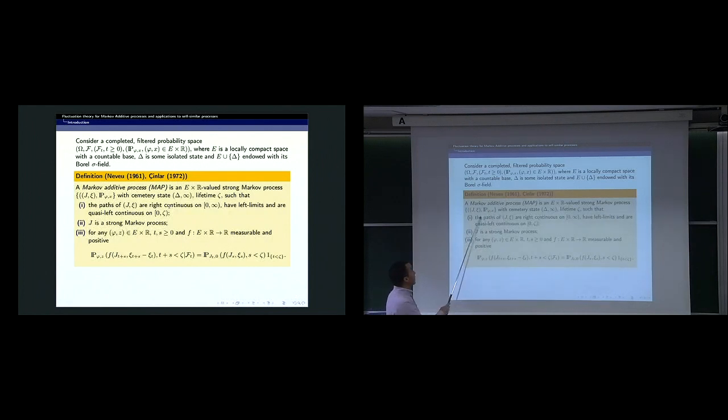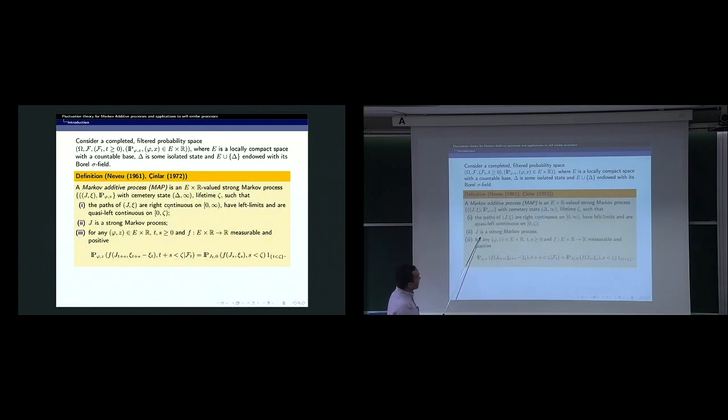I will assume that these two processes die at the point delta and infinity. I will denote the lifetime as before by zeta. And I will be assuming some regularity on J and psi as before: they are càdlàg processes, and they are quasi-left continuous.